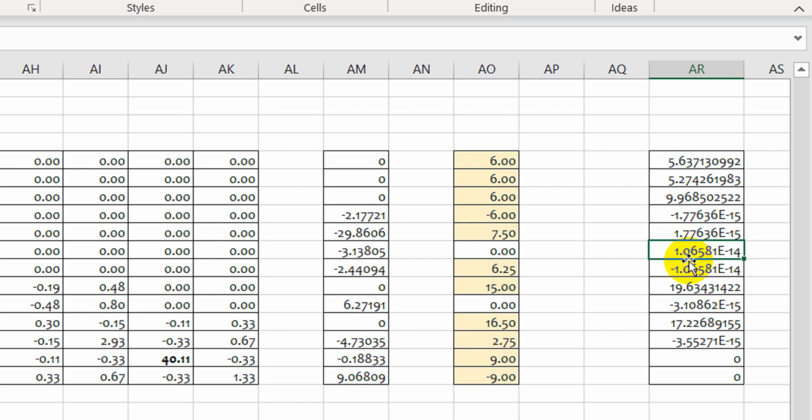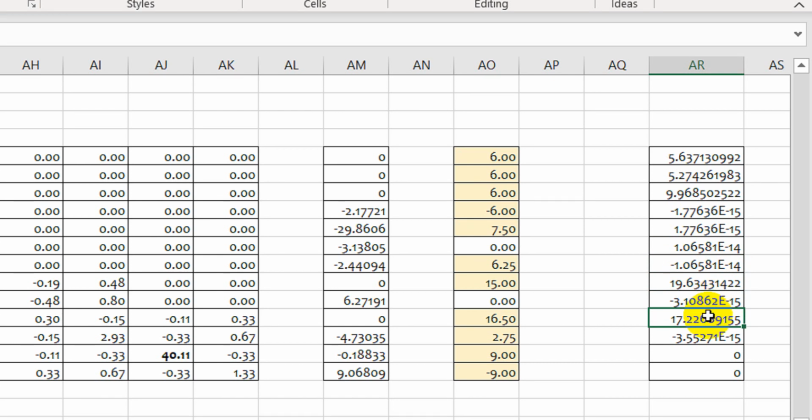Number 8, there's nothing there. Now 19 is the reaction, it matches well. Moment, nothing applied at 10. 17 matches well.